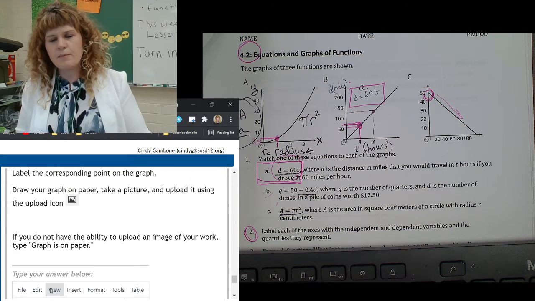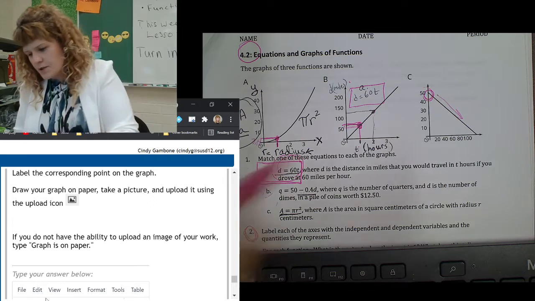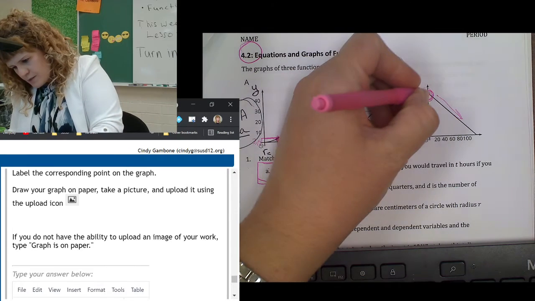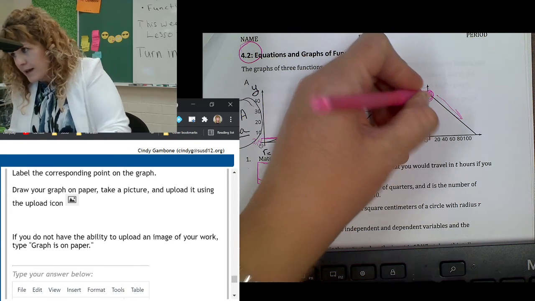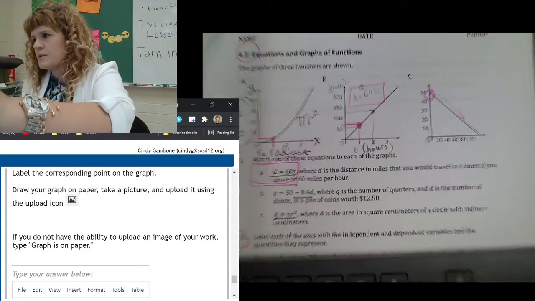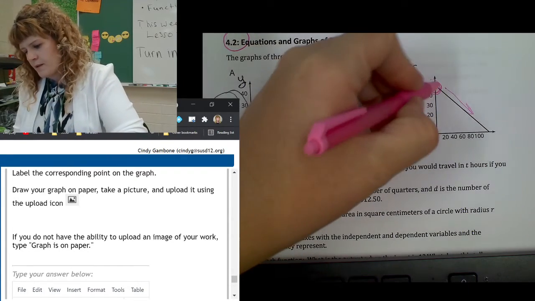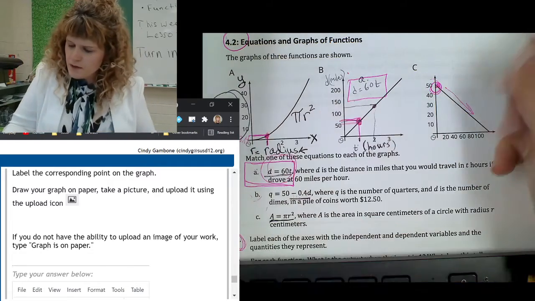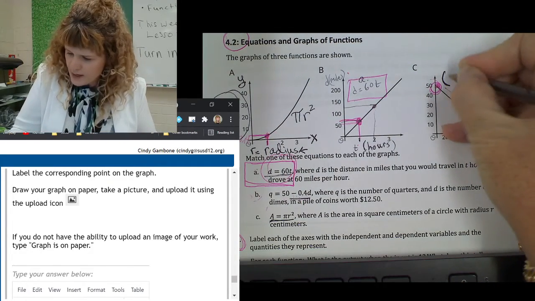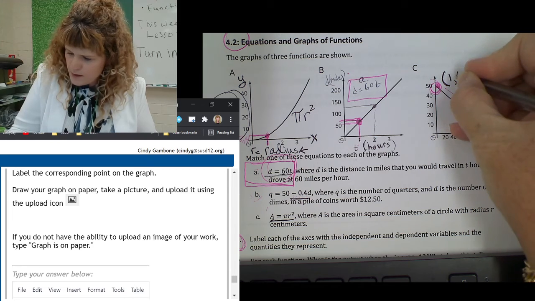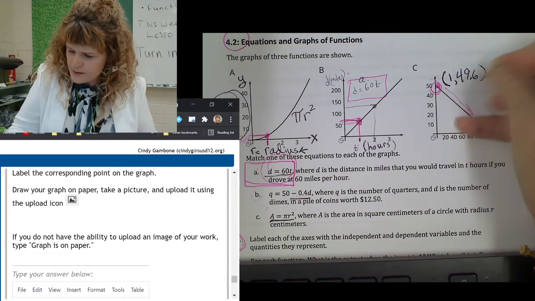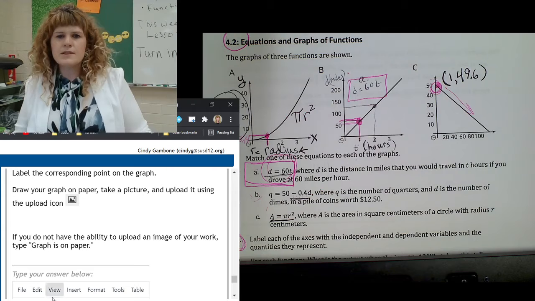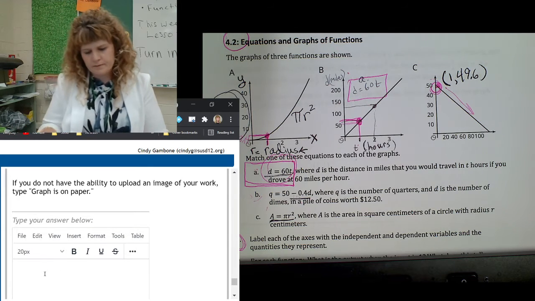Okay, let's label the point on the graph. Either take a picture or actually draw it. It's right next to the y-axis right there. Let me zoom in. Here's that point. You can draw it on your paper. You can label that coordinate. It's x equals 1, y equals 49.6, or just type in the coordinates.